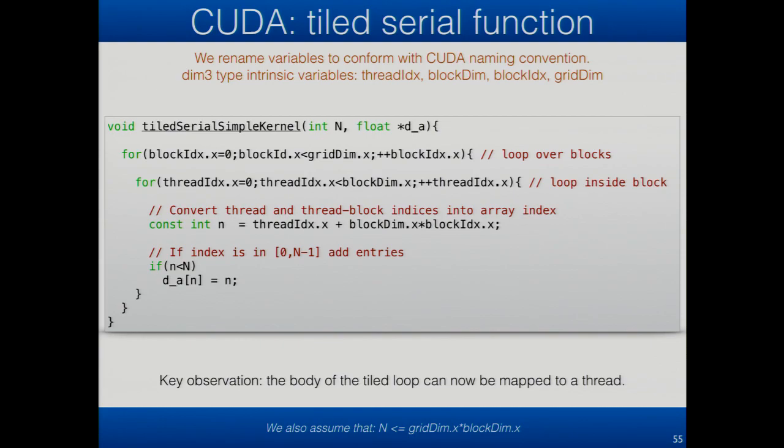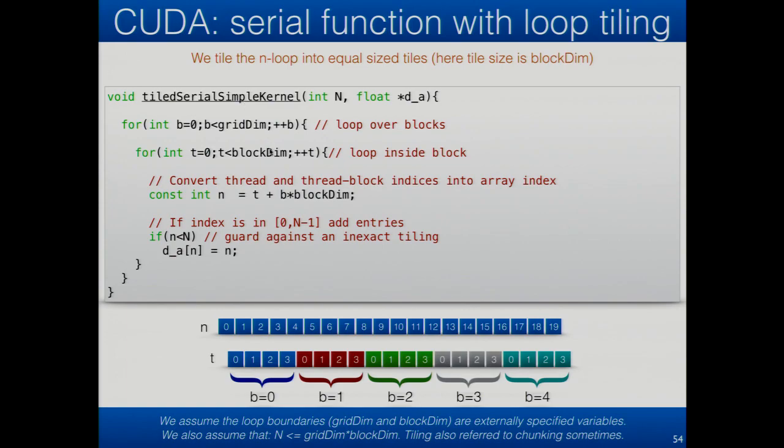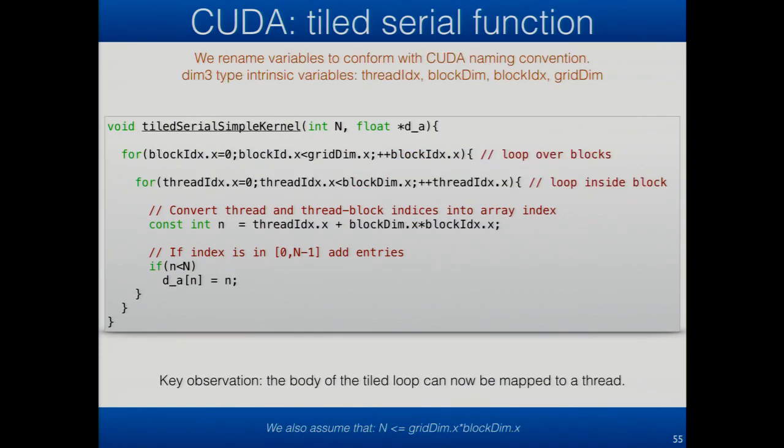So there we go. Now I'm mutating again to match up with some really crappy CUDA naming conventions. So here we have grid dim and block dim, which are basically just upper bounds for the tile and for the group of tiles. But now we're going to use indices, and this is the convention that CUDA uses.